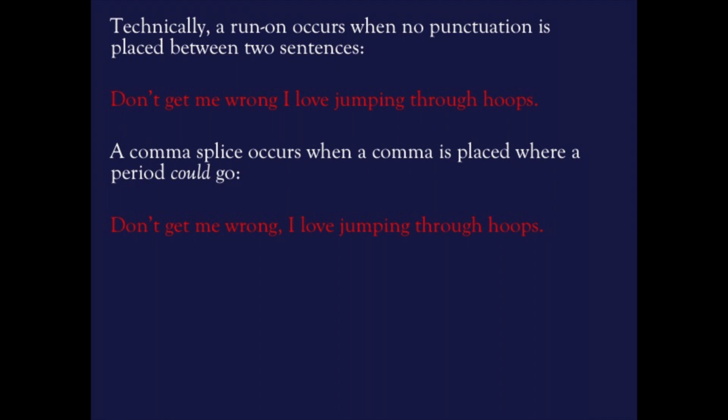The only difference is that a comma splice has a comma where a period could go. So these are basically the same error, and both can be repaired by adding a period to separate your two sentences. Sometimes it might be preferable to use a conjunction to combine them together, but by definition, if it's a comma splice or a run-on, you can always fix it grammatically by just adding a period and adjusting your capitalization.